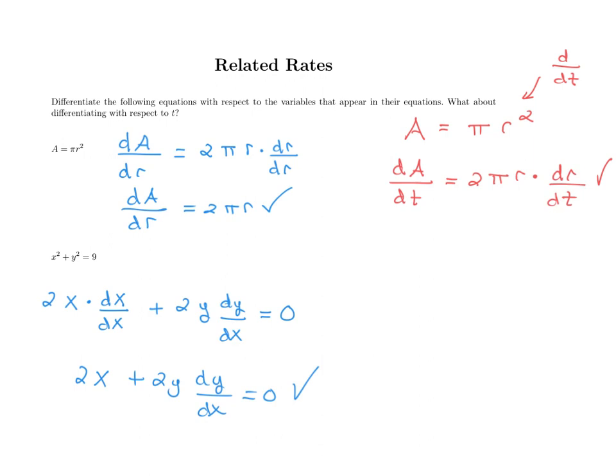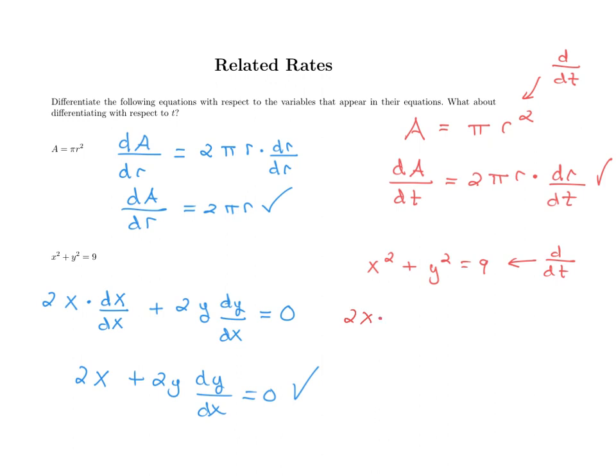It doesn't cancel. Let's try this down here. Again, we're going to start over and we're going to look at x squared plus y squared is equal to 9. And again, I'm going to take the derivative of both sides with respect to time. Starting with x squared, you bring down the 2, copy down the x, and subtract 1 from the exponent.